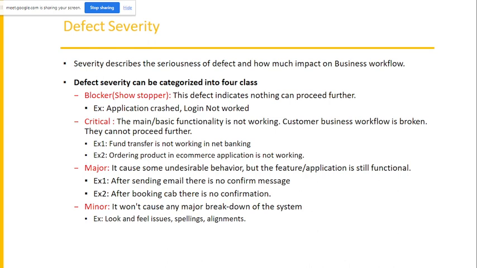Most frequently, why will you be using the Amazon application? To order. Correct. The ordering product feature is not working. Don't you think that is main or basic functionality, Pooja? Yes, sir. Just because of the defect, the customer business workflow is broken.